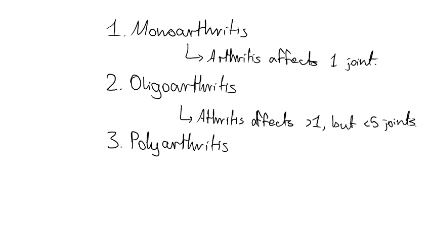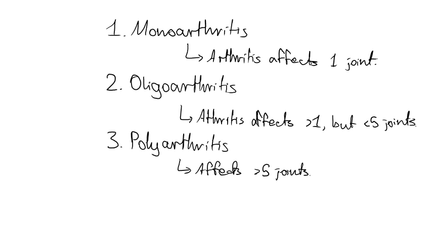So this is where the definitions of these conditions can become a little tedious and a little bit difficult to understand or memorize, I should say, since there are very specific classifications for both of these arthritic conditions. You pretty much need to have only between 1 and 5 joints being affected for oligoarthritis to occur. And as you can guess, for polyarthritis, this is an arthritis that affects more than 5 joints.